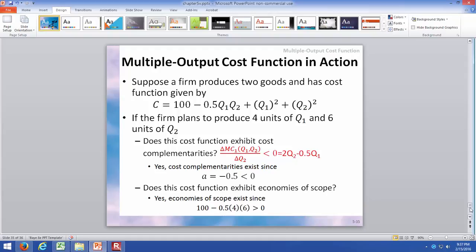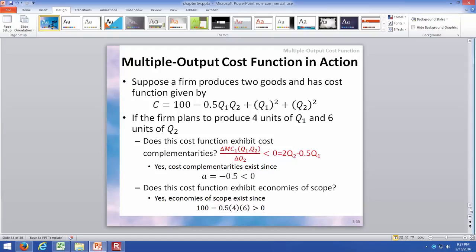So we are taking the derivative of this function with reference to Q2, and here what we find is that it is actually helping us, isn't it? Because as we increase the output of Q2, it helps us bring down the cost, okay? Because minus 0.5 is less than 0.